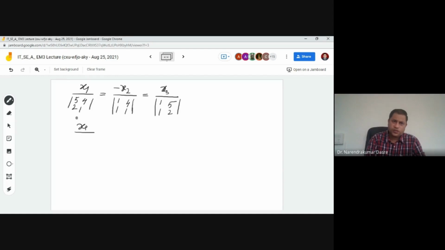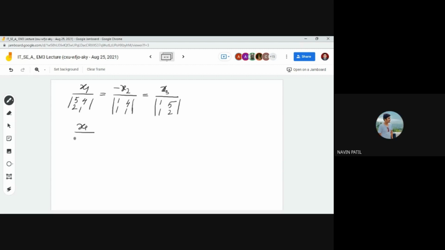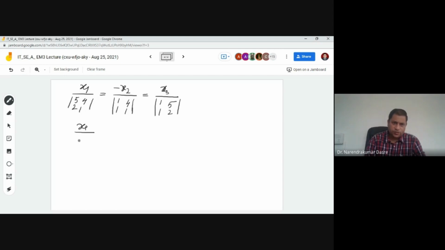So we'll be having x1. What is the value of this determinant? Minus 3. So this will be 8 and this will be 5, so it is going to be minus 3. And for this one? Minus 3. And for this one? Minus 3. So can we cancel out this minus 3 throughout? If we cancel this minus 3 throughout, then I get x1 by 1, x2 by minus 1, and x3 by 1.